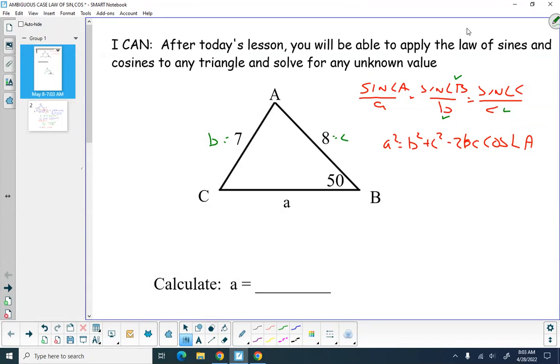It allows me to at least solve for angle C, because I know 3 of the 4 in the proportions. So let's set up our law of sines and solve for angle C. Sine of angle B over little b equals sine of angle C over little c.